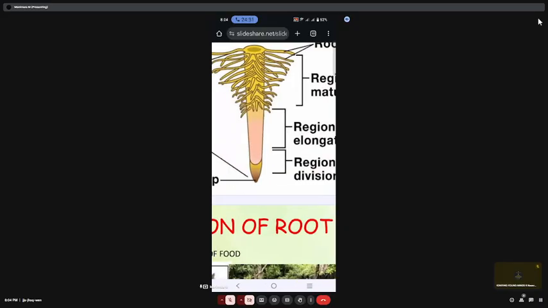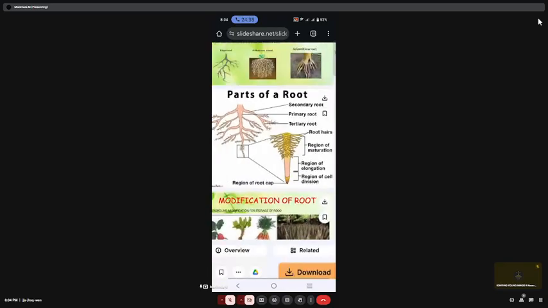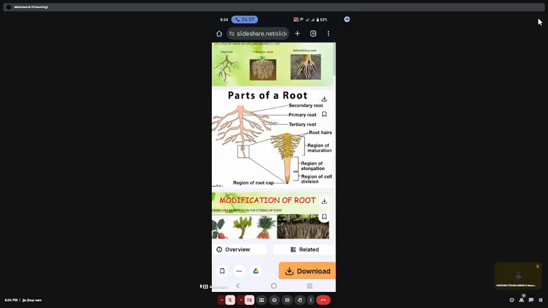Can you see the picture? Region of meristematic, region of cell division. So here, what is the nature of the cells here?